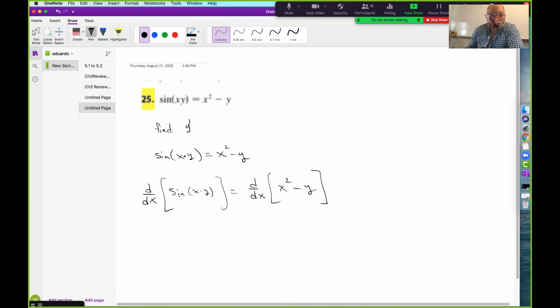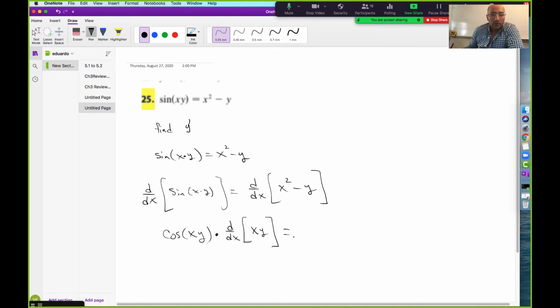So first we're going to take the derivative of this. Using the chain rule, it is going to be equal to cosine of xy times the derivative of the inside function, d/dx of the product xy.